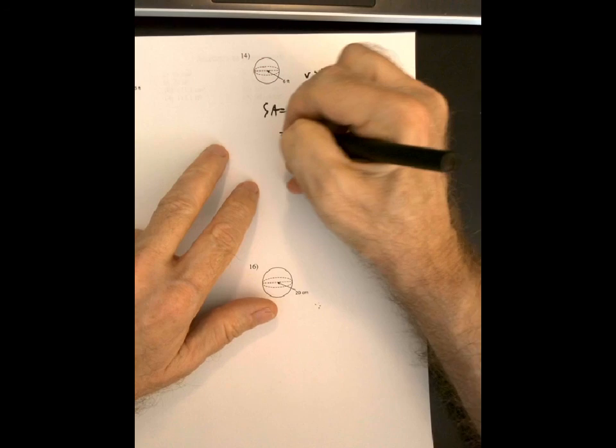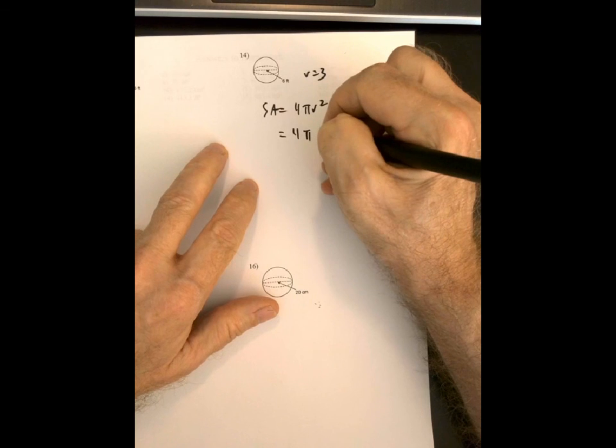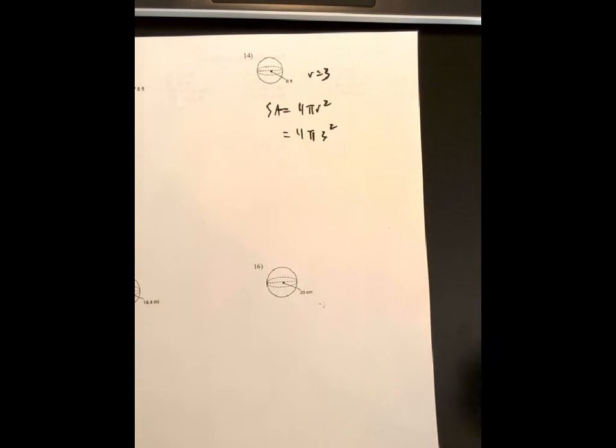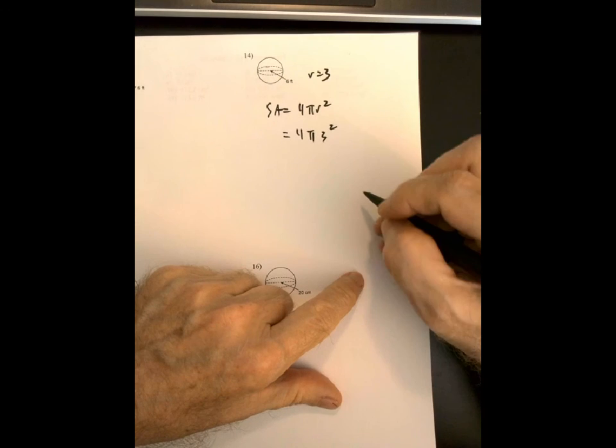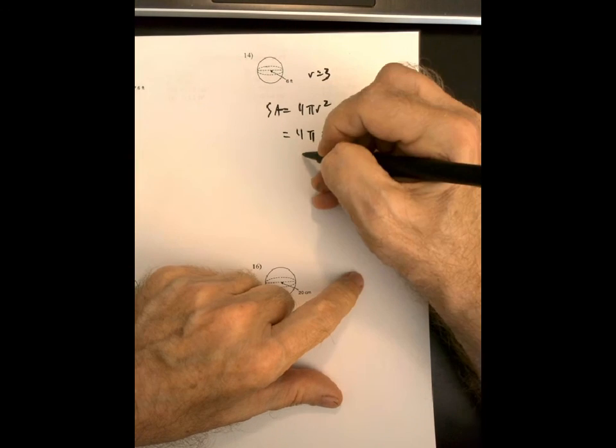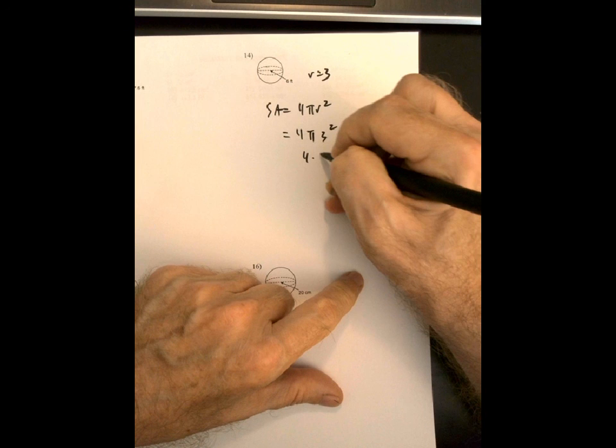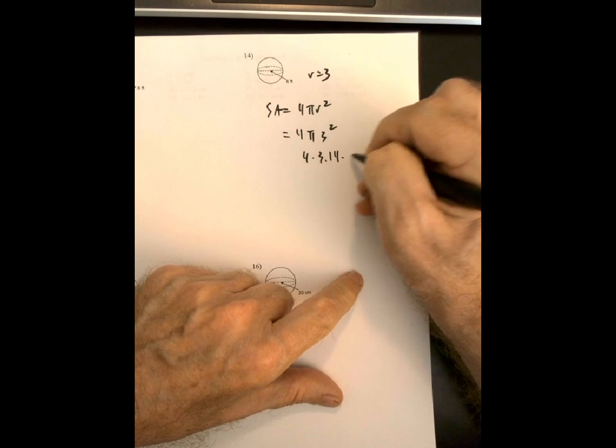So now we just plug the numbers in. It's 4 pi r squared, so that's 4 times 3.14 times 9.